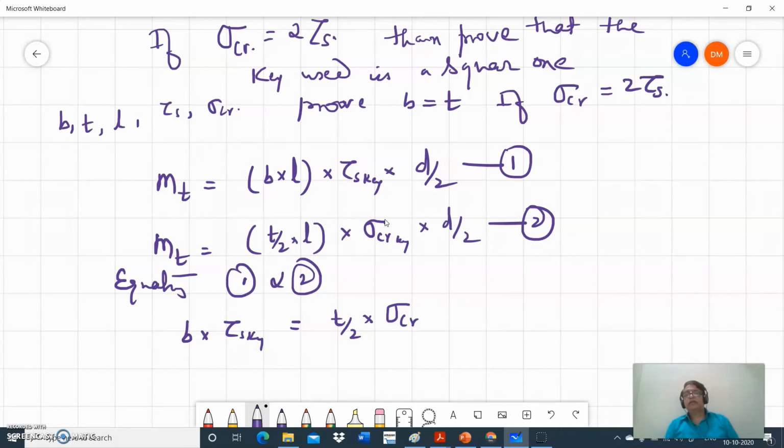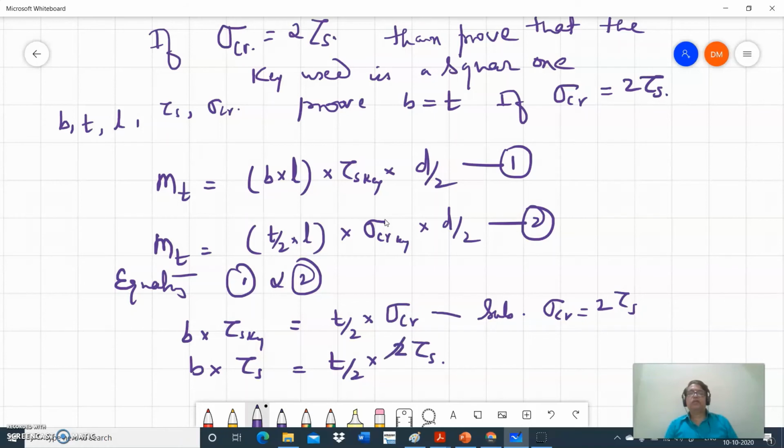Now I will substitute sigma CR is equal to twice the shear stress. So B into tau S is equal to T by 2 into twice tau S. So what will you get? 2 gets cancelled out, tau S gets cancelled out. What have you proved? B is equal to T.